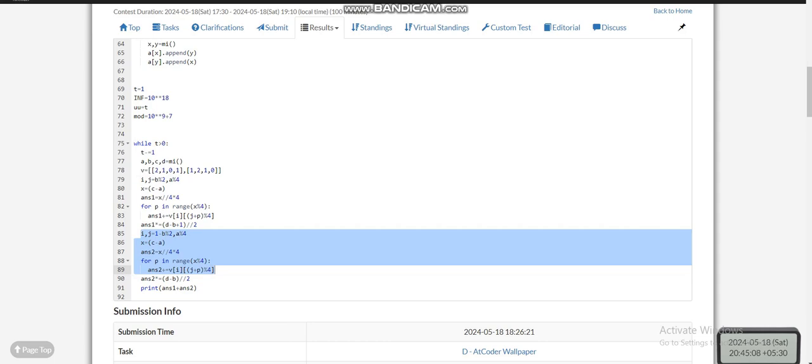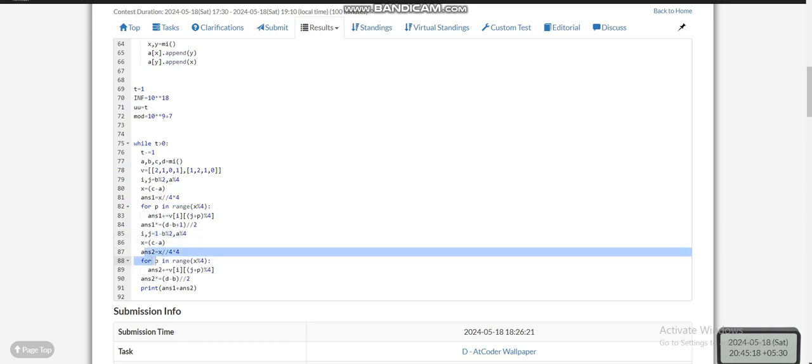We calculate the same thing, but the row number gets reversed, 1 minus b modulo 2, while the column number stays the same. We calculate answer 2 for a single row, multiply it by the total number of type 2 rows, and then the answer for type 1 rows plus the answer for type 2 rows will be our answer.